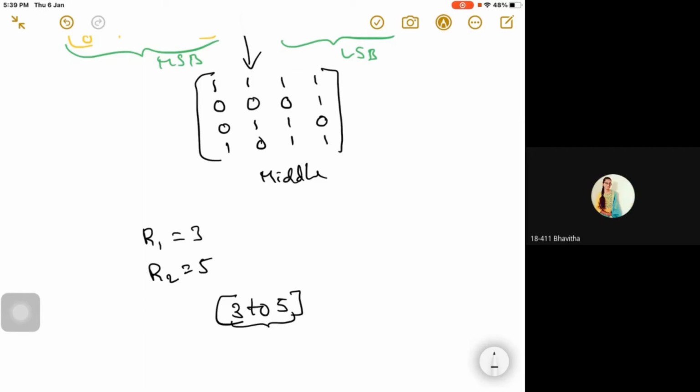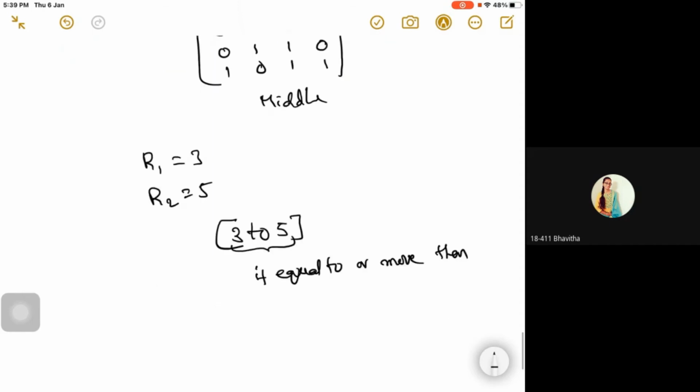And if it is equal to 3 or 5 or more, then replace those intensity gray levels with the maximum value.